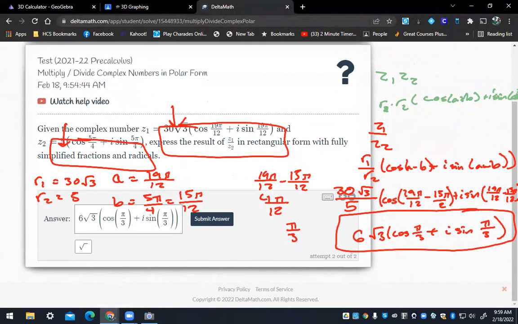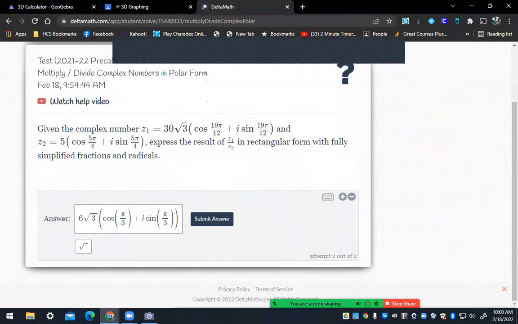Yeah, what did I do wrong? R1 over R2, A minus B. 4 over 12 is pi over 3. If tangent's undefined, isn't that 90 degrees or 270?